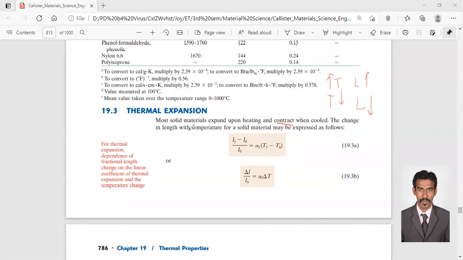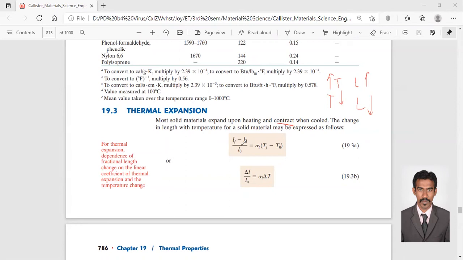The change in length with temperature for solid material may be expressed as follows. This is the formula to calculate the change of the length of a material with the change in the temperature: LF minus L naught over L naught equals alpha into TF minus T naught. LF is the final length.